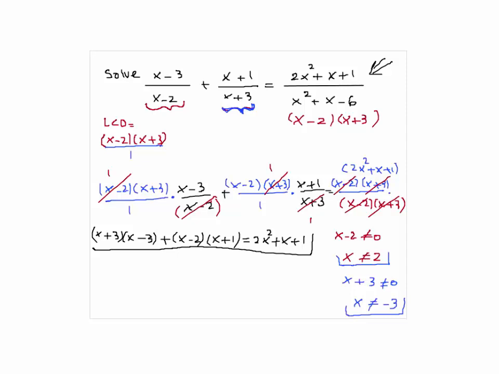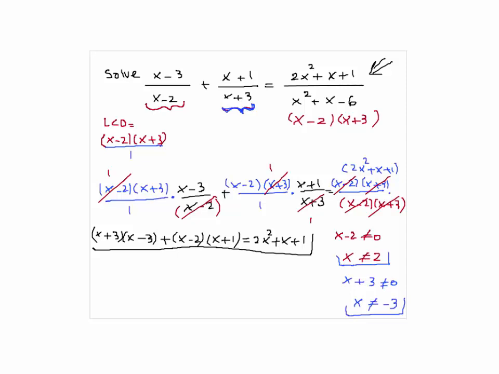So you multiply each term by the LCD. You factor them first. Then you would reduce them. Once you reduce that, then you would get a linear equation to work with.